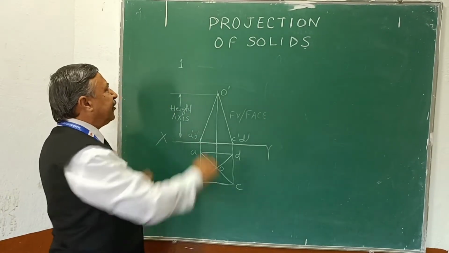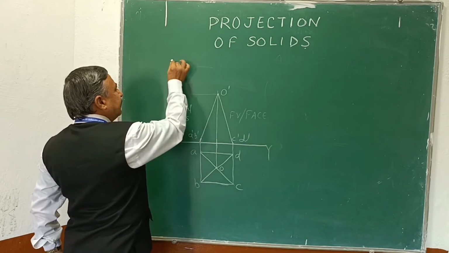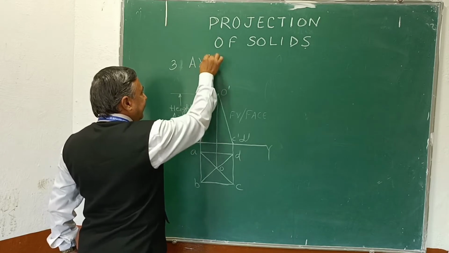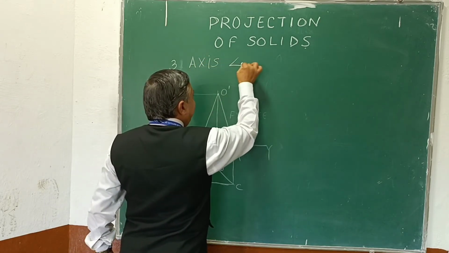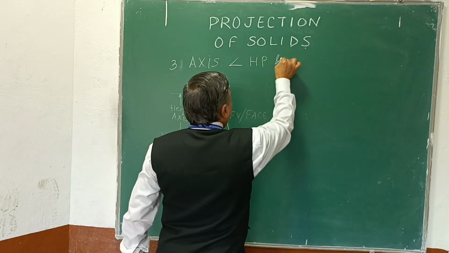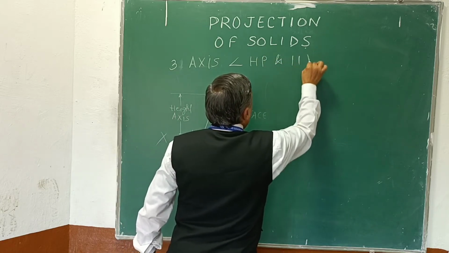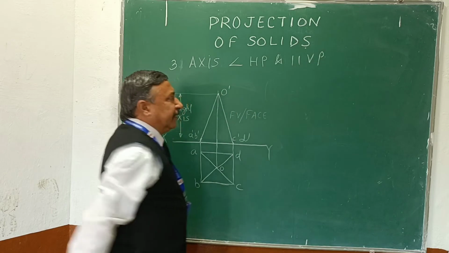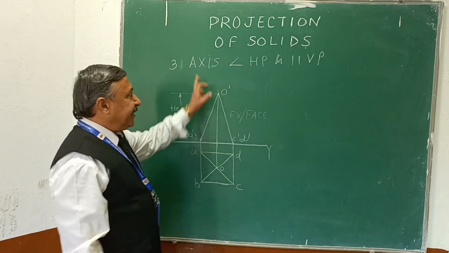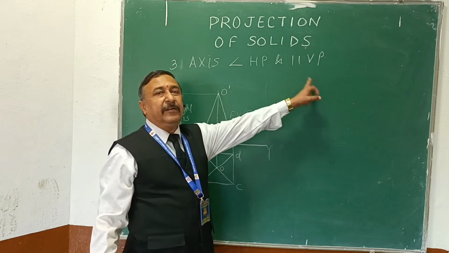This is our third position: axis inclined to HP and parallel to VP. Axis inclined to HP and parallel to VP.